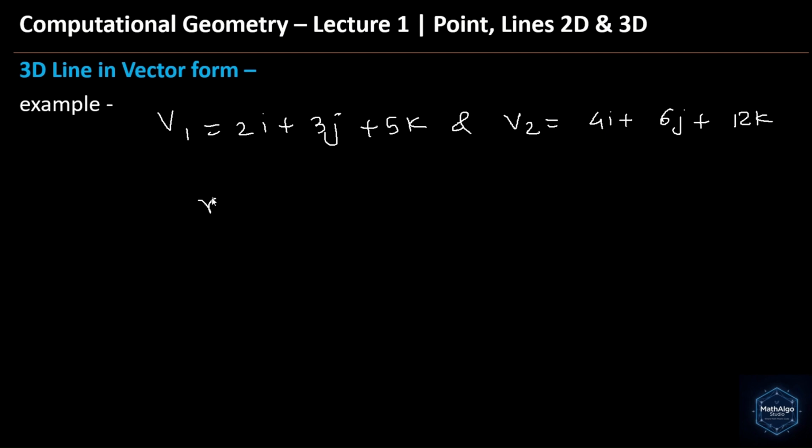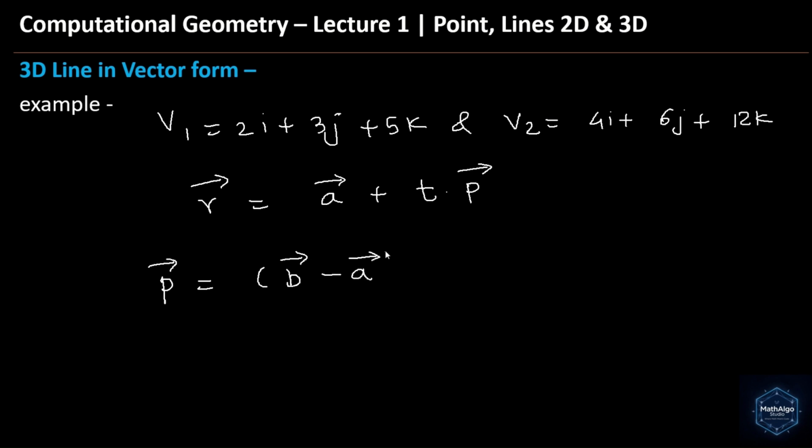As we studied in the last slide, the 3D equation in vector form requires us to find the vector p using the formula vector b minus vector a. Here vector b is v2 and vector a is v1.